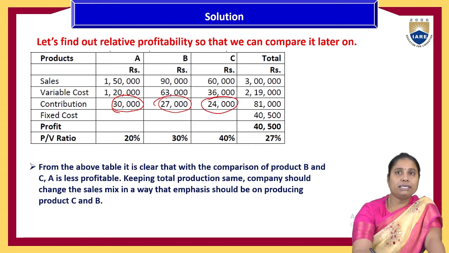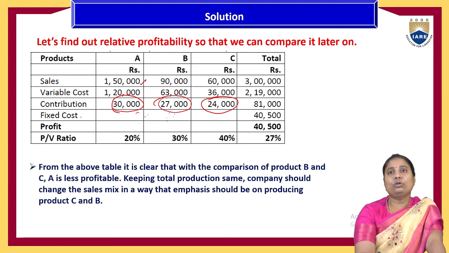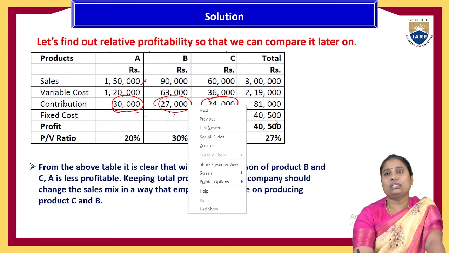Even if we see the sales, the maximum sales are for A. But the contribution earned is very low in comparison between the A, B and C products. And the total fixed cost is 40,000.